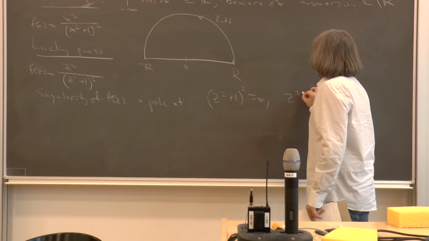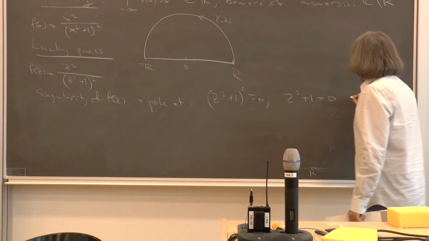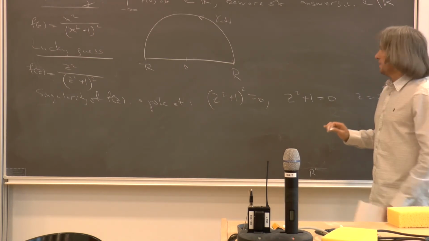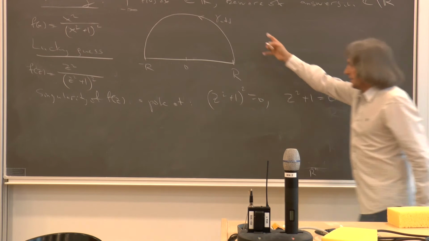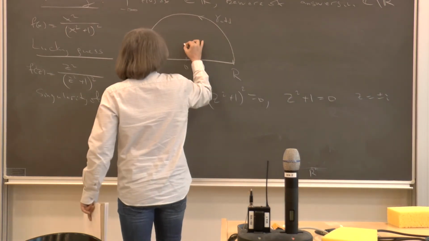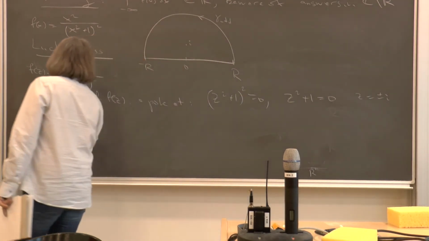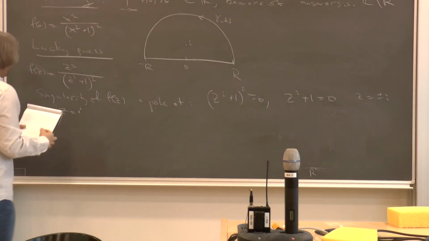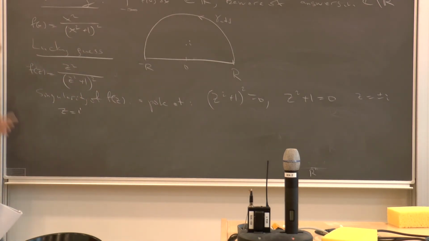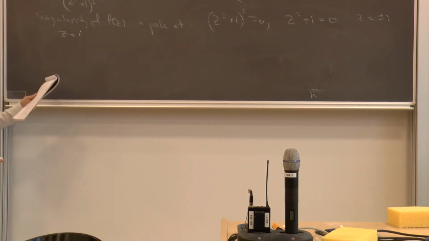In other words, z squared plus 1 equals 0. The answer is z is plus minus i, but only one of these is inside my curve, and that's i. So z equals i. And then you can find the expansion.